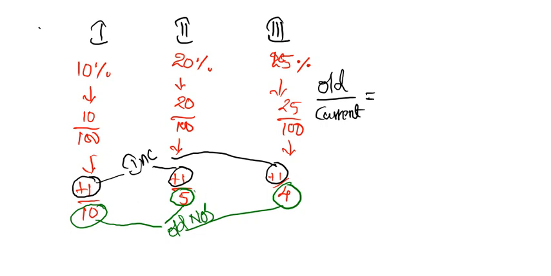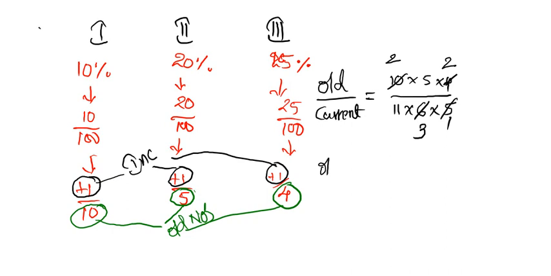The old values are 10, next 5, next 4. The current values: out of 10, 1 incremented means 11, into 5 with 1 incremented means 6, into 4 with 1 incremented means 5. Then we cancel: 5 ones, 5 twos, 2 threes, 2 twos, nothing is left out.